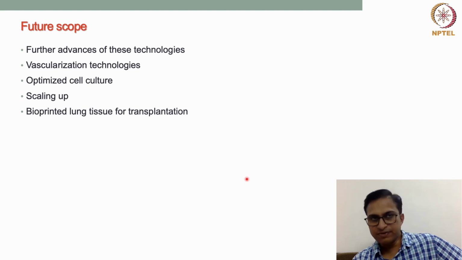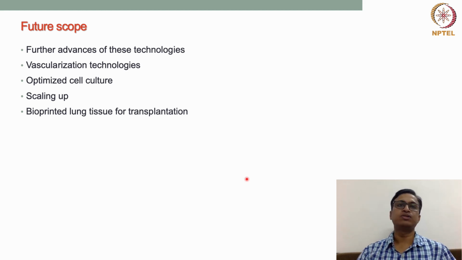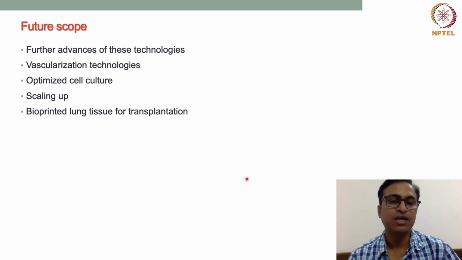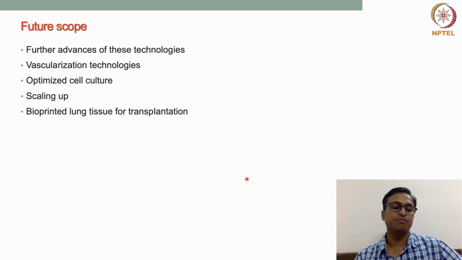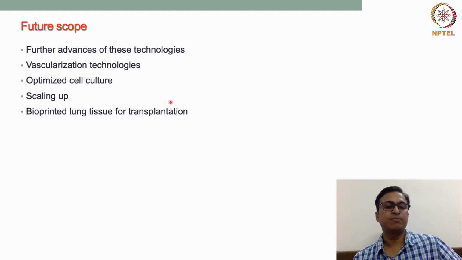And if that is possible, it can save many patients who are awaiting transplants, who mostly have end stage diseases. Then we can save many more patients if we can develop bioprinted lung tissue for transplantation.